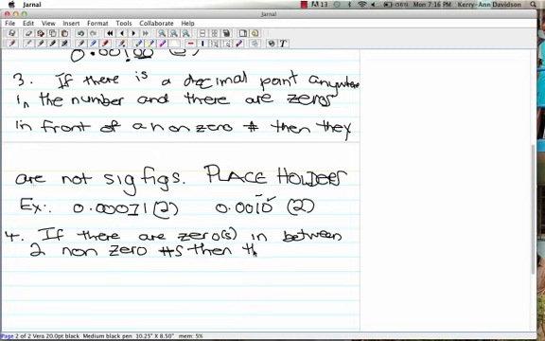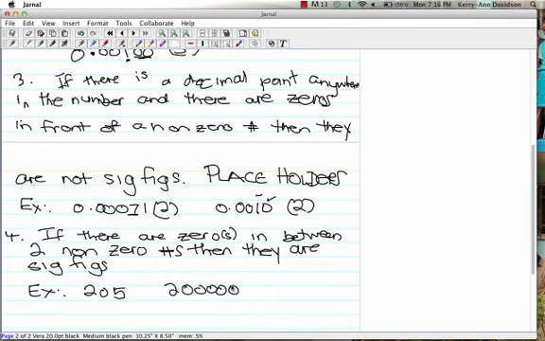Then those zeros, they are sig figs. What do I mean by that? You know, I'm going to give an example. 2, 0, 5, 2, 0, 0, 0, 0, 0, 4, 1, 0, 0, 7.0. So here goes. Here, I have 3 significant figures.